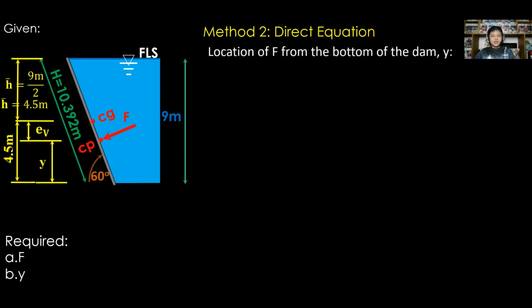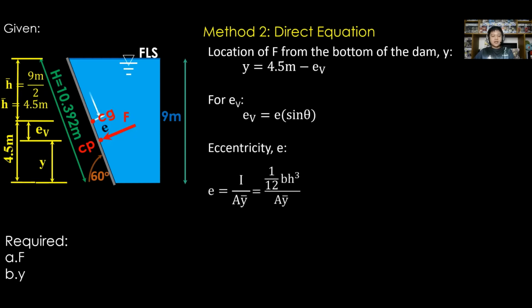So for the location of F from the bottom of the dam, represented with Y, from the figure, Y is equal to 4.5 meters minus E sub V. E sub V is equal to E sine theta. Determine eccentricity E, that is equal to I all over A times Y bar.